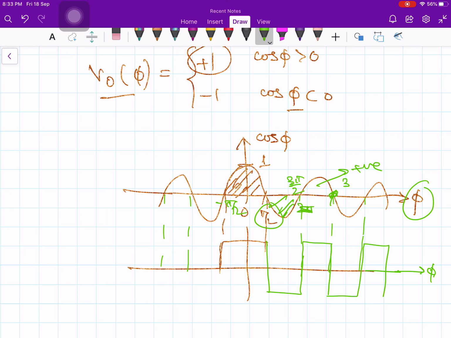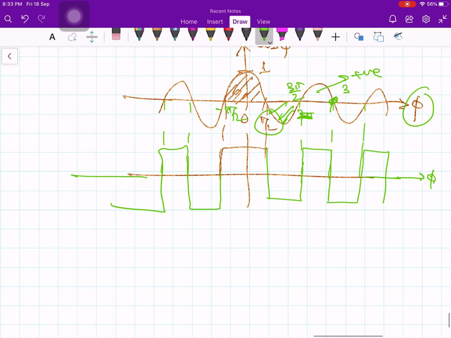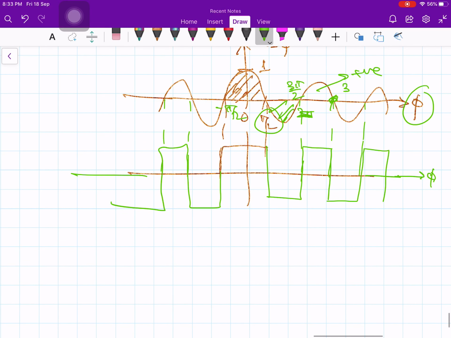Now look at this expression. It is periodic with respect to phi. Okay, so it is periodic because cos phi is a periodic function. Okay, it's a function of a periodic signal. So your V naught of t, V naught of phi, has a dependence on the nature of cos phi.